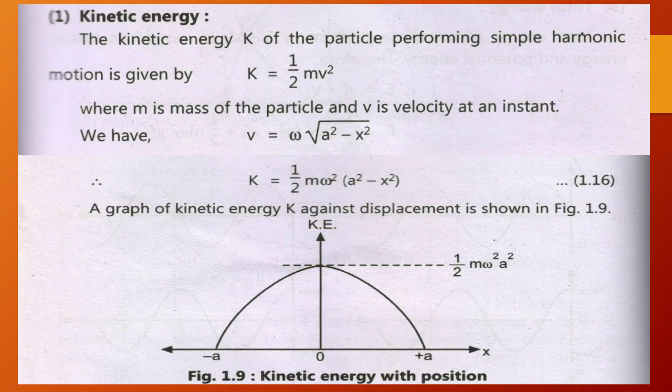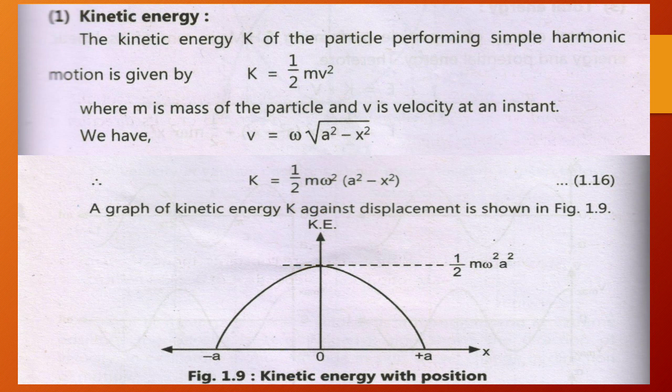The kinetic energy K of the particle performing simple harmonic motion is given by K is equal to 1/2 mv square, where m is mass and v is velocity of the particle at an instant. But we have v is equal to omega under root a square minus x square.